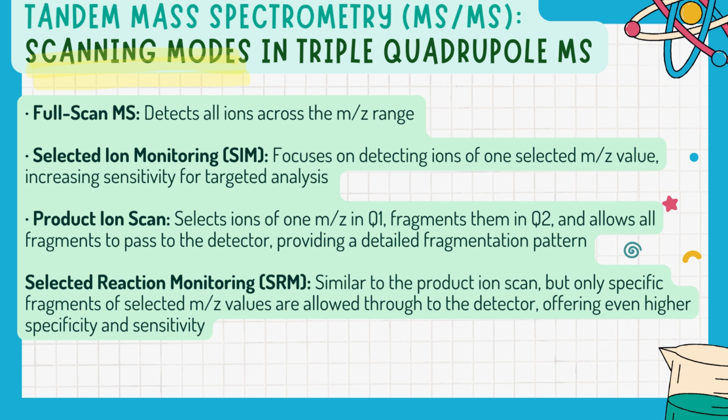And then product ion scan, which selects ions of one mass-to-charge ratio in Q1, fragments them in Q2, and allows all fragments to pass to the detector, providing a detailed fragmentation pattern. We also have SRM, for selected reaction monitoring. It's similar to the product ion scan, but only specific fragments of selected mass-to-charge ratio values are allowed through the detector.